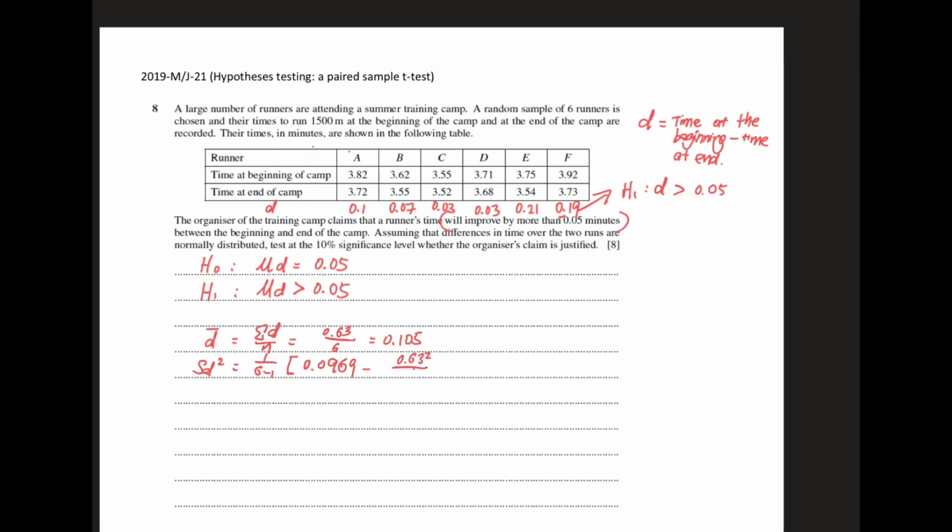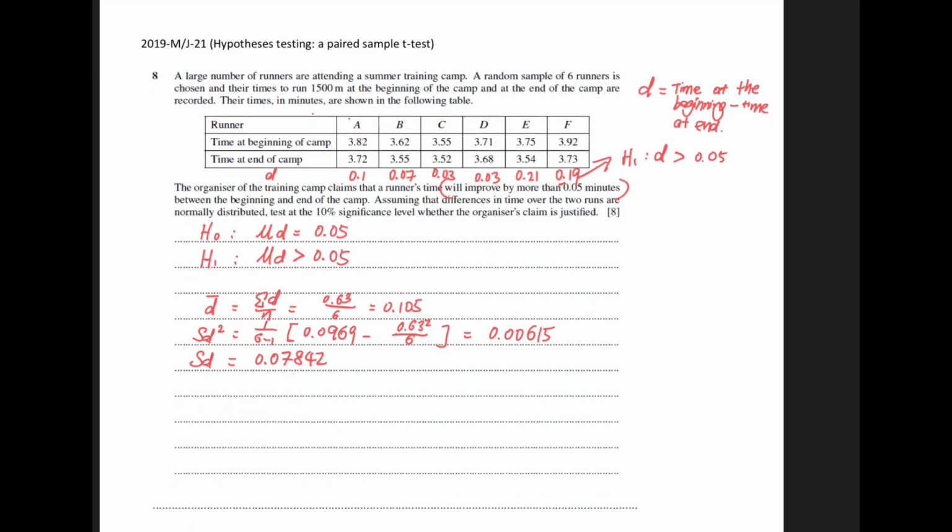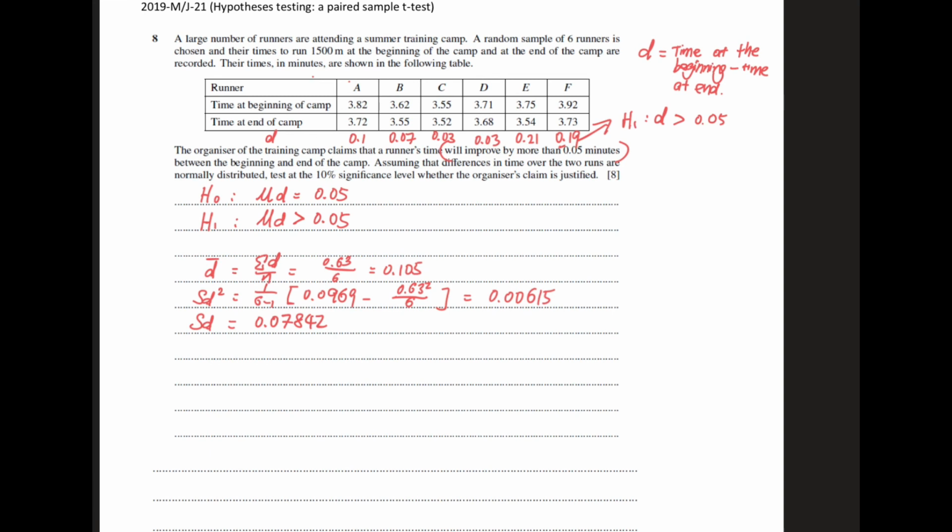Then you calculate this and end up with 0.00615. Then we want to find s, which is 0.07842.